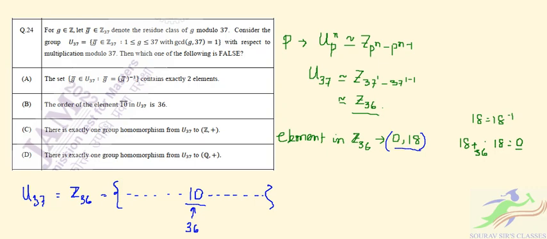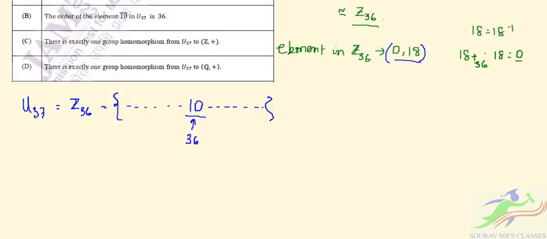If we add it 18 times in this addition modulo, it will be 180, that's the total summation.